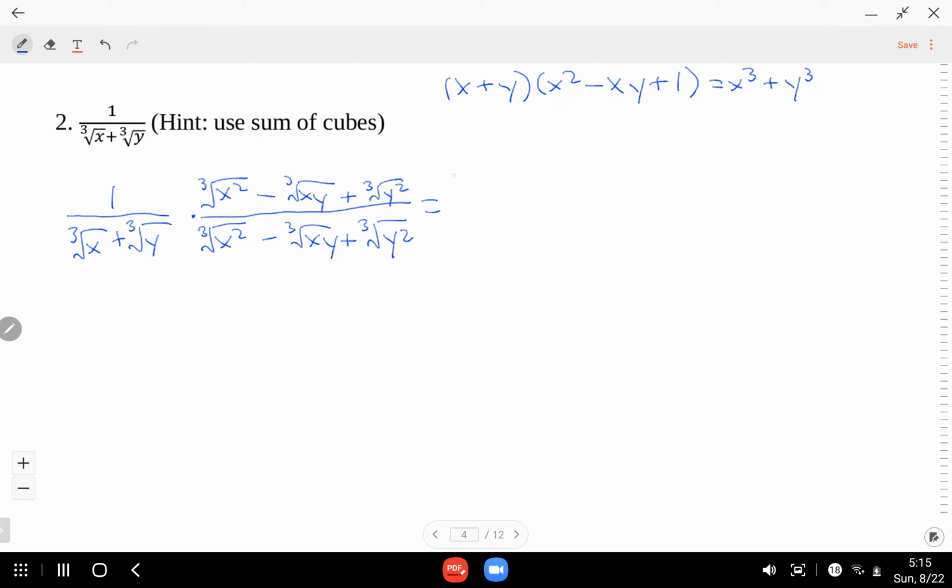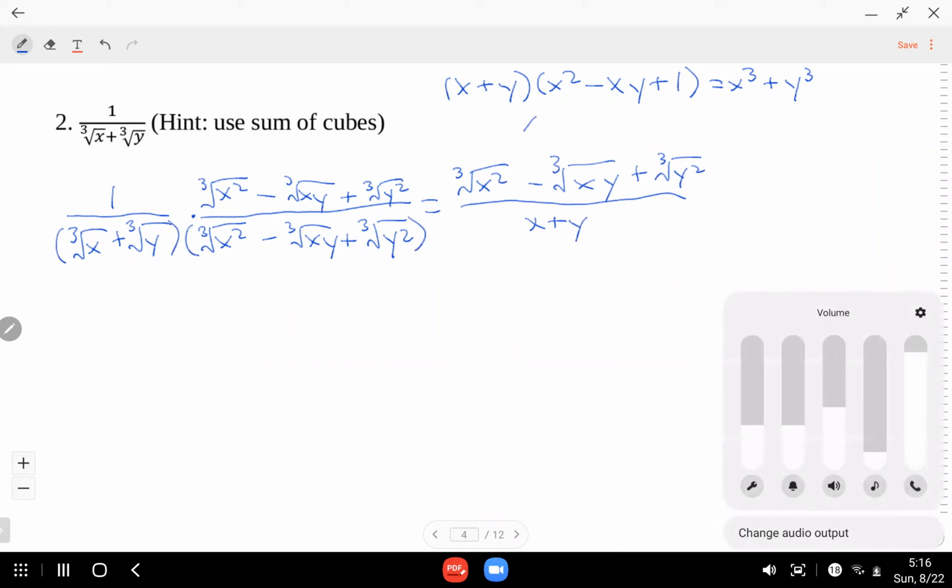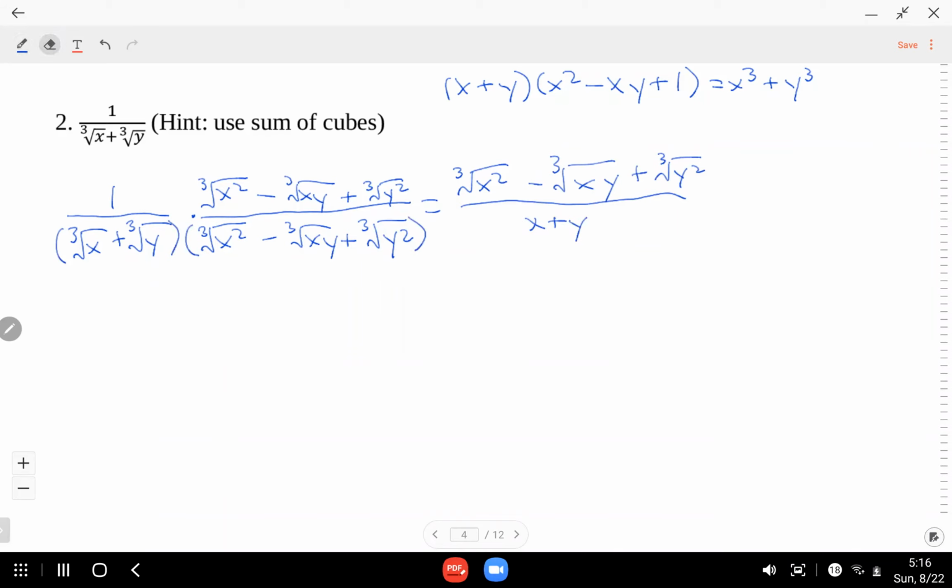Once you multiply this, the top will be the cube root of x squared minus the cube root of xy plus the cube root of y squared over x plus y. Because you see here, this is the same as our formula right here. And the cube root of x, cubed, would just equal x. Same with y. So that's how we get the bottom here.